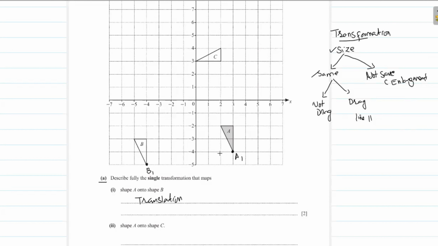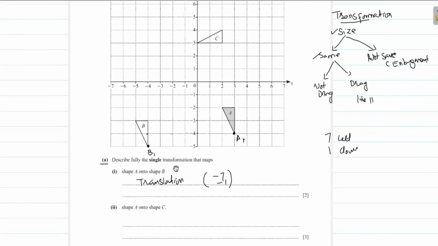Now how many units do you see here? 1, 2, 3, 4, 5, 6, 7 units left and 1 unit down. The 7 units left and 1 unit down, this point A1 is shifted to B1 in the translation. Therefore, this column vector will be (-7, -1). And this is the translation of shape A onto shape B.